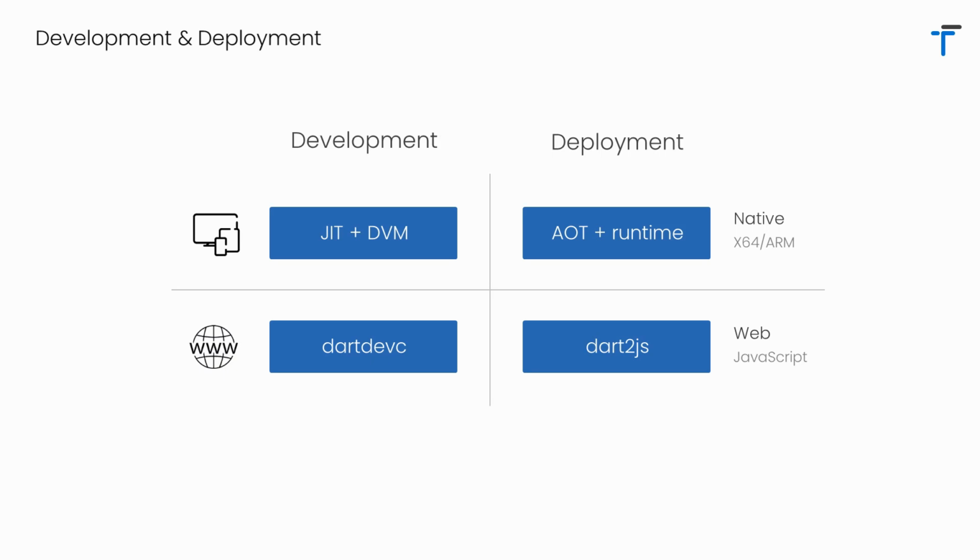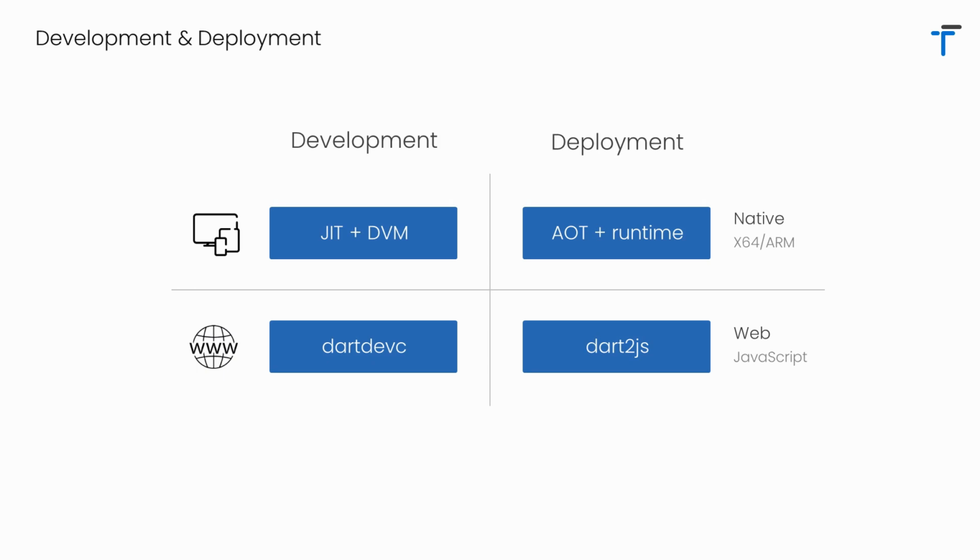So these two different things cannot be achieved using a single compilation technique. That's the reason Dart has JIT and dartdevc in case of development side, and for deployment, Dart relies on the AOT and Dart2JS when it is about to deploy your app finally for the end user.